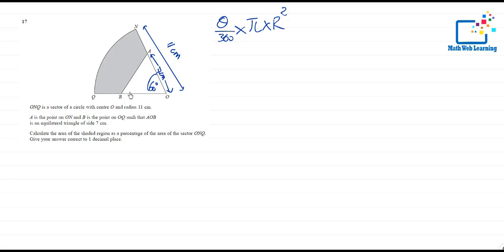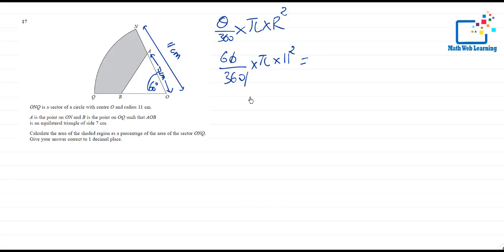How do I know that? Because it tells me here the triangle is an equilateral triangle, and we know angles inside an equilateral triangle are 60 degrees. So this one is 60 degrees, and it is also shared by the sector and the triangle itself. So let's put it in: 60 degrees over 360 times pi times 11 squared.